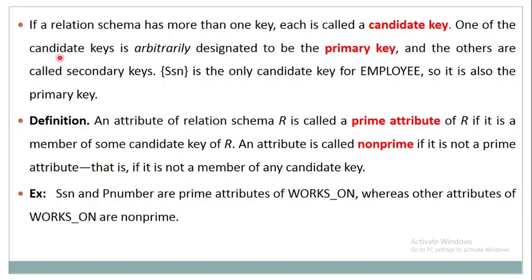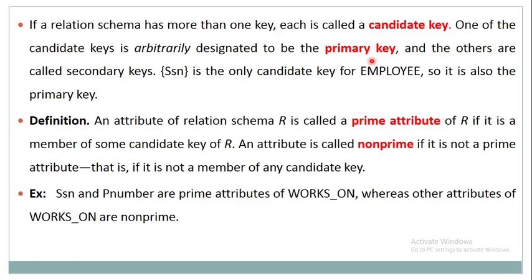Let us understand candidate keys and prime attributes. If a relation schema has more than one key, each key is called a candidate key. One of the candidate keys is arbitrarily designated to be the primary key. For example, in a student table, we have USN number, Aadhaar number, PAN number, or voter ID number.